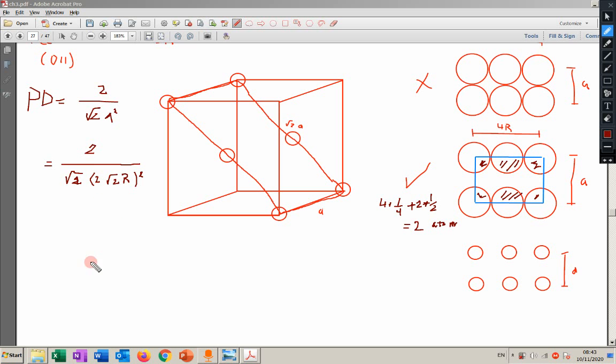We can leave it like this, or we can simplify it more. That's the planar density for 011 in the FCC crystal structure.